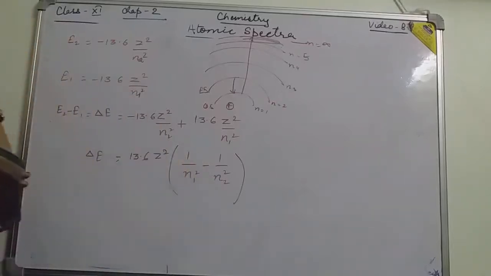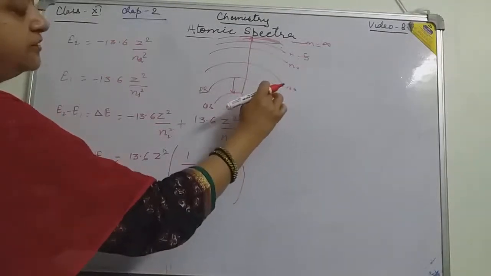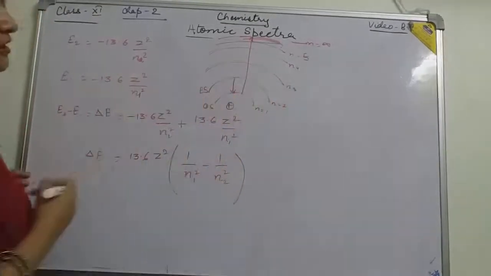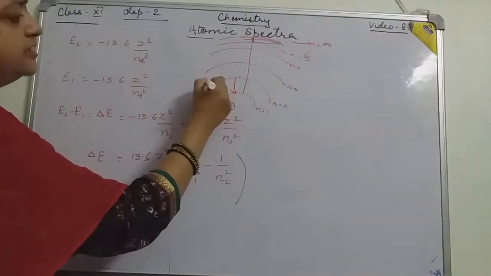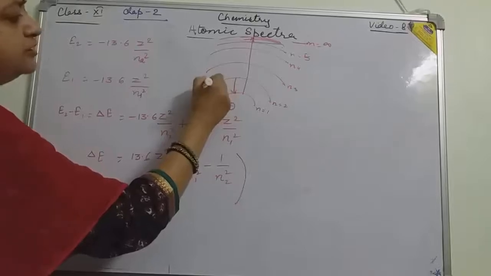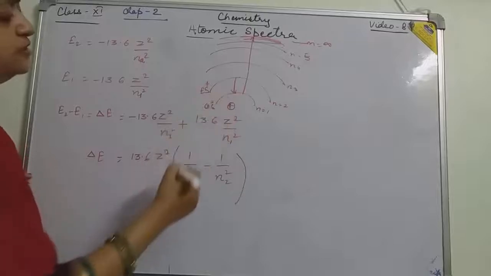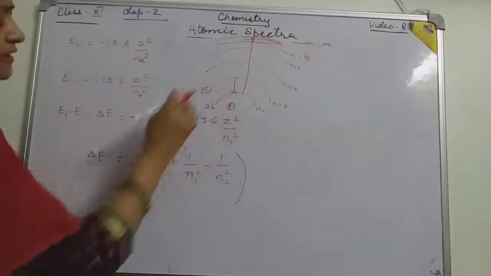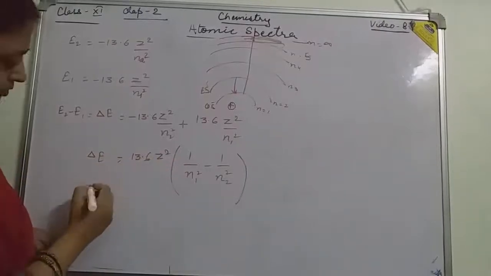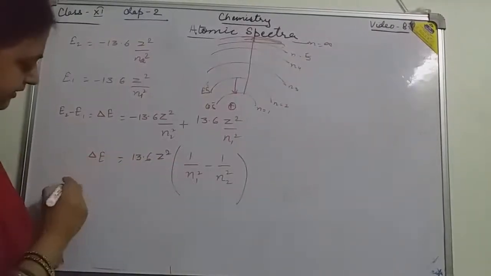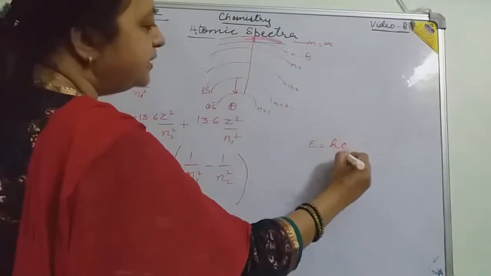If we consider the energy between the ground state and the first excited state, suppose the energy of the excited state is 4 and the ground state energy is 2, the difference between these two is 2. Likewise, the energy difference between these two is this. We know that delta E equal to hc by lambda.